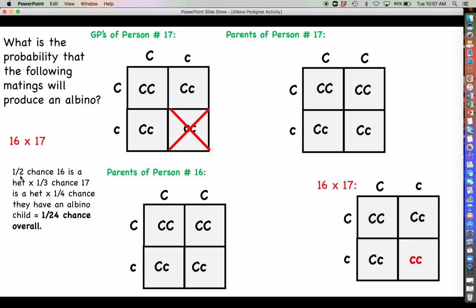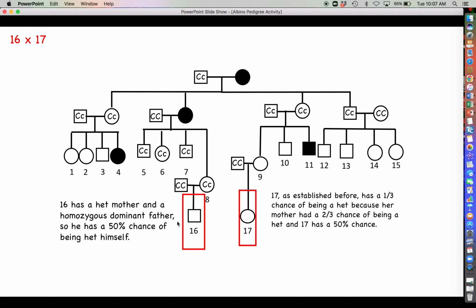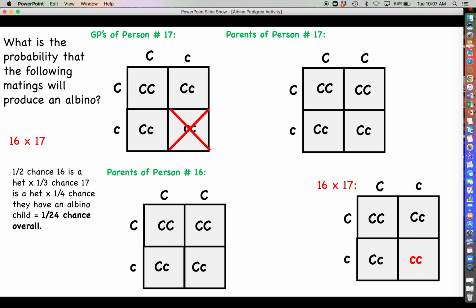So 1/2 times 1/3 times 1/4 gives 1 in 24. So if you look at 17 here, you can see it's a little bit different. 17 has only a 1 in 3 chance of being a het because her mother had a 2 in 3 chance of being a het, and 17 has a 50% chance. So we kind of combine some of those probabilities in there.